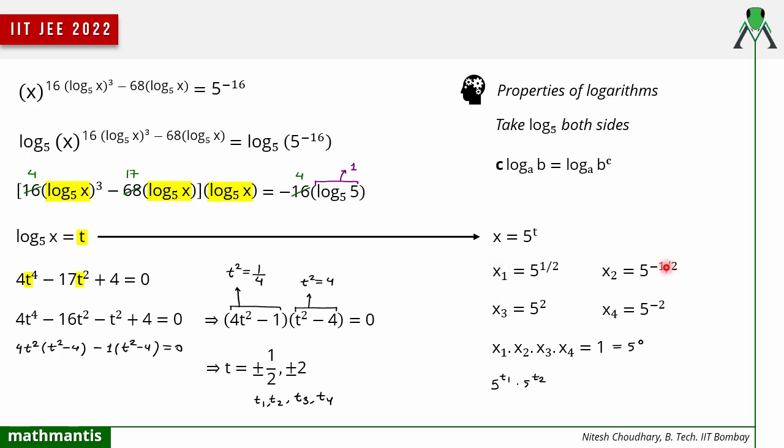I don't even have to write this; I can directly see that that will be the answer. We can see that the base is the same, so the exponents will add. So here you will get t1 plus t2 plus t3 plus t4, which is nothing but 0, which we can already see. So it will be 5 raised to power 0, the answer is 1.